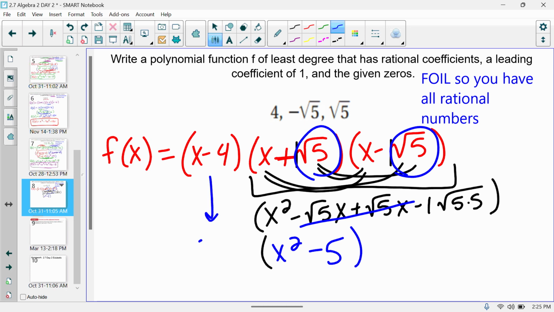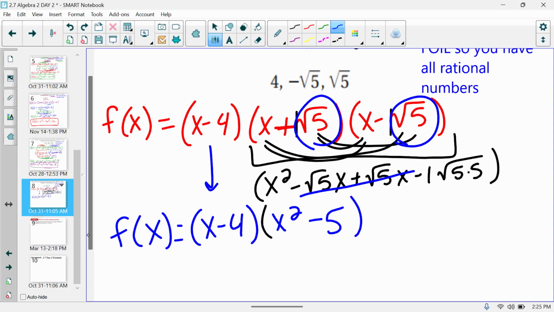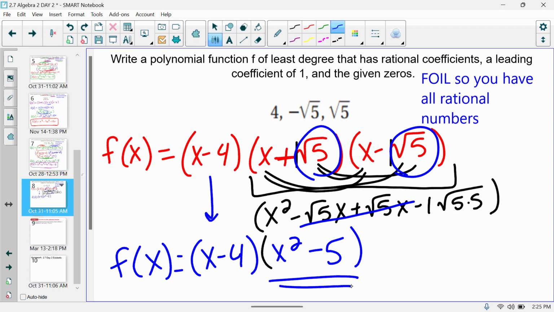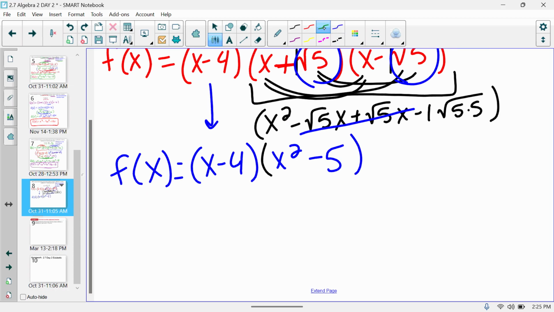Then we should bring this down. We still got to take x minus 4 times that x squared minus 5. But notice, guys, did you see what happened? There's no more radicals in my answer. That's always going to happen because the outer and inner, when you multiply conjugates, remember the outer and inner cancel, and then the last part is a perfect square, so it ends up just being a whole number.